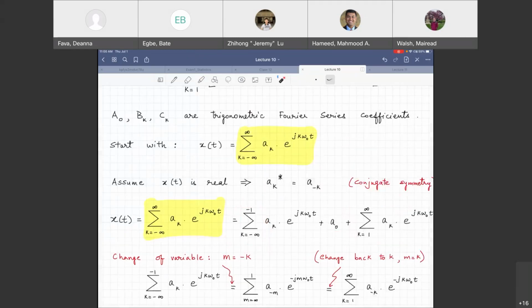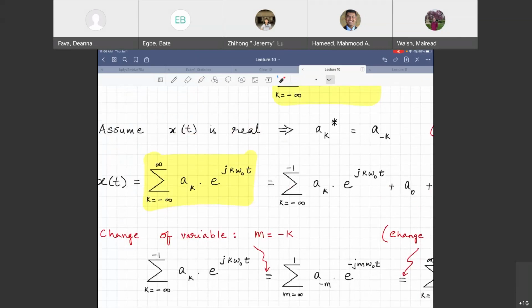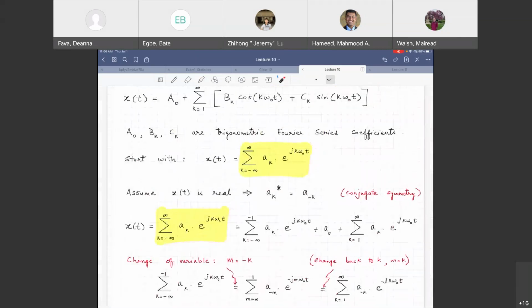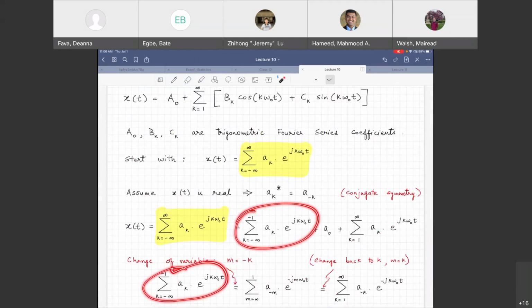After that, let us do a change of variable. Change of variable is m equals negative k. You're only doing it for the first piece. K equals negative infinity to negative 1 will change to m goes from infinity to 1. A sub k becomes A sub minus m.